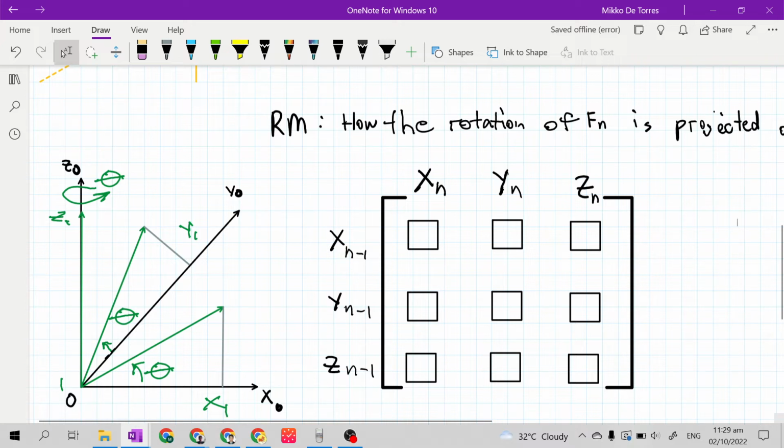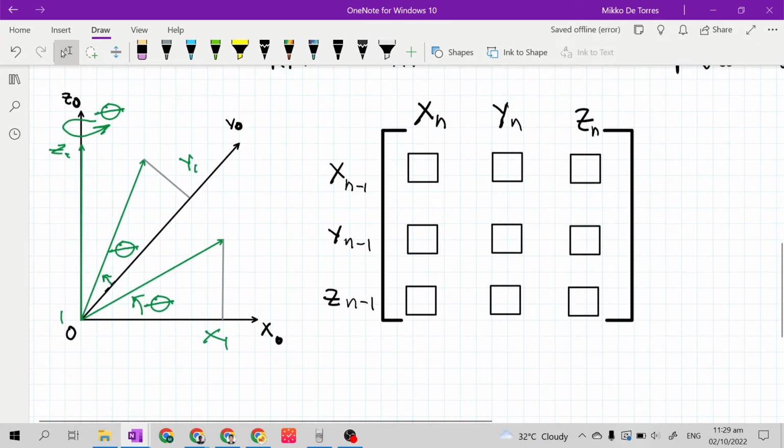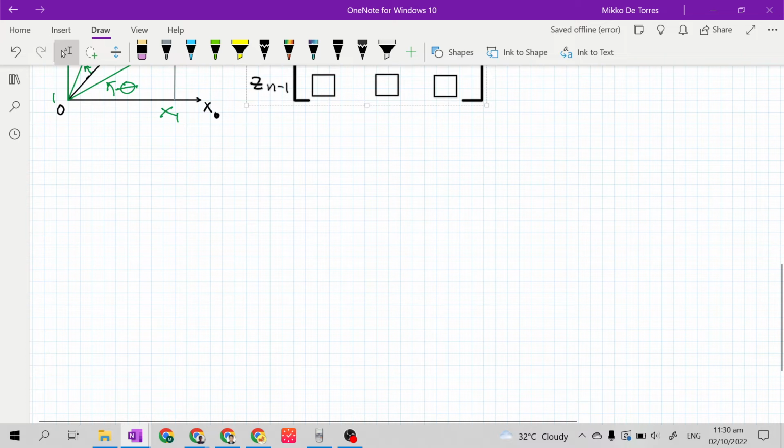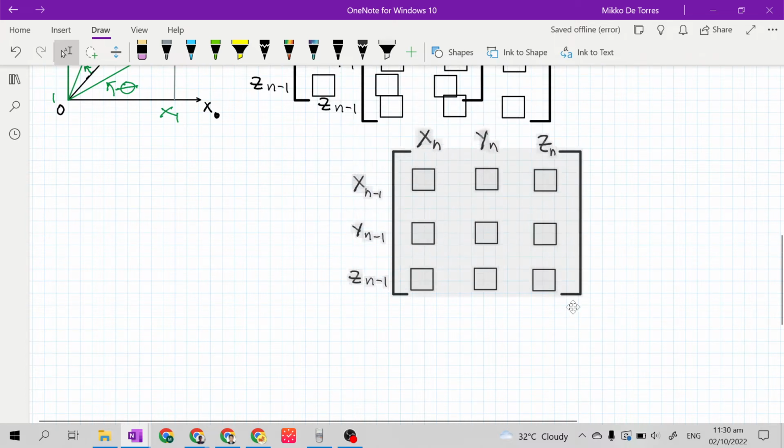Okay, so using this model, we will derive a rotation matrix. To derive it, I will copy this again and paste.